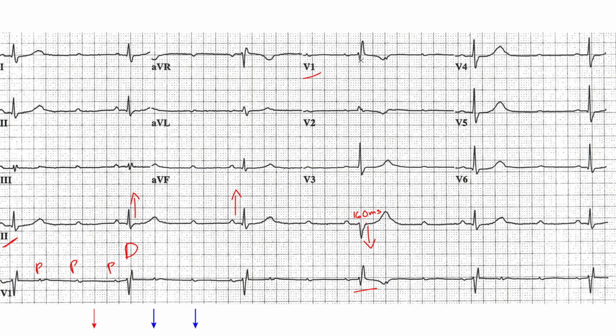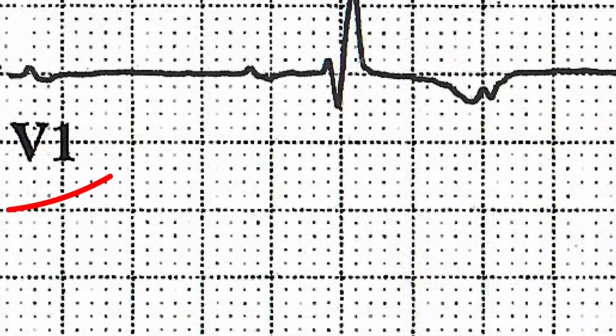If we measure it out over here, our first deflection from the baseline starts right there, and it ends as our S wave comes back down to the baseline, R prime comes back down, and here 1, 2, 3, 4. So this is indeed a 160 millisecond wide QRS, okay?